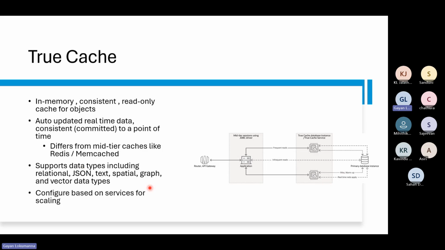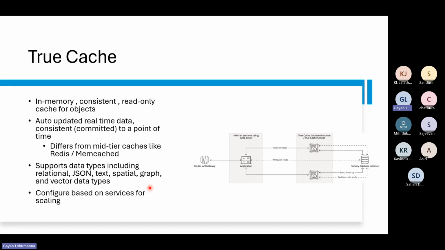The other thing is that, of course, the changes have to be committed. Changes that are in flight, when they're not committed, will not be reflected on the true cache. But each time you do a commit, redo will go and update the blocks on the true cache to make it real time.